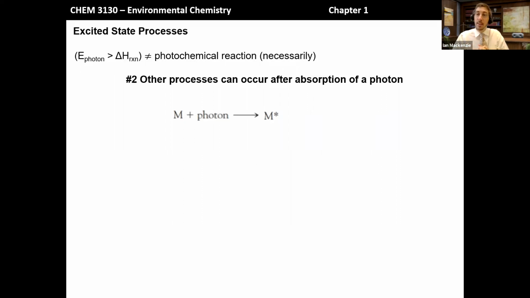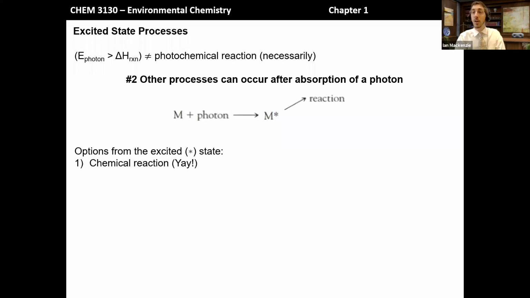That extra energy promotes an electron, as you may remember from general chemistry, from its ground state to some higher energy orbital, and that's termed an excited state. But that excited state can then undergo a variety of options.